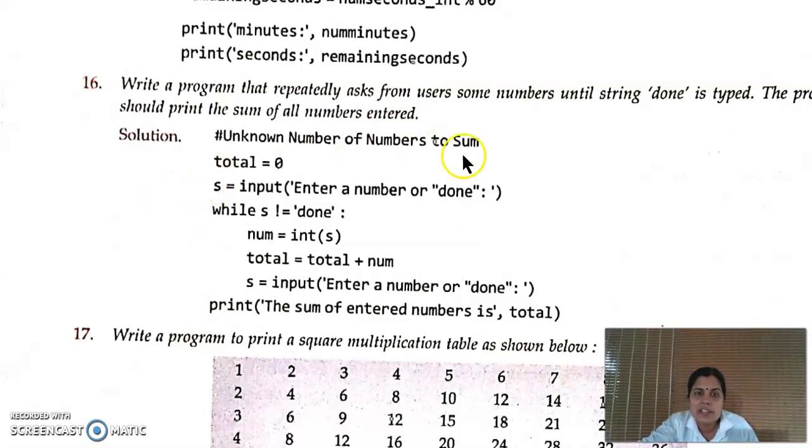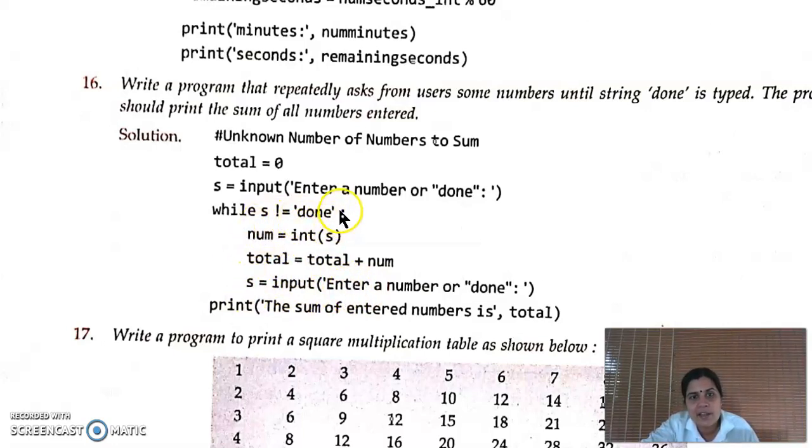Here we wrote this statement to check the initial condition only. Until we type done, we have to take the input and find the sum. So again we are using the input statement here, because we have to repeat this loop until s equals done. So again we input a value. Suppose it is 3, then it goes to the loop, 3 not equal to done.